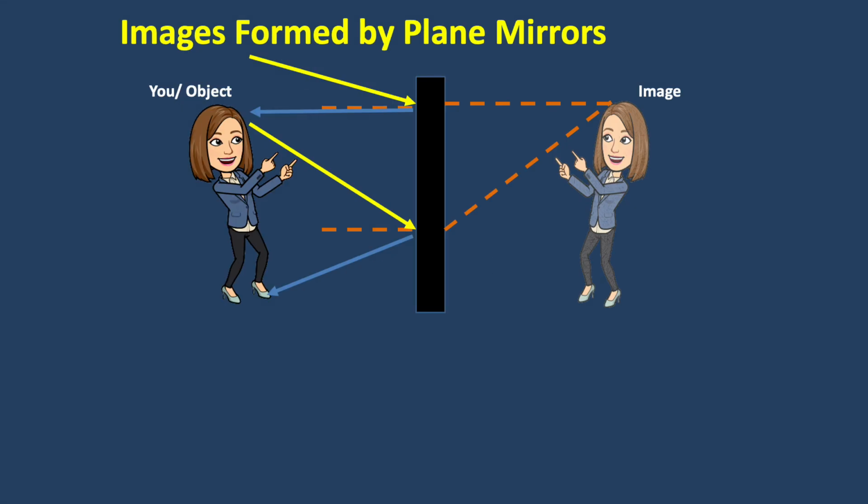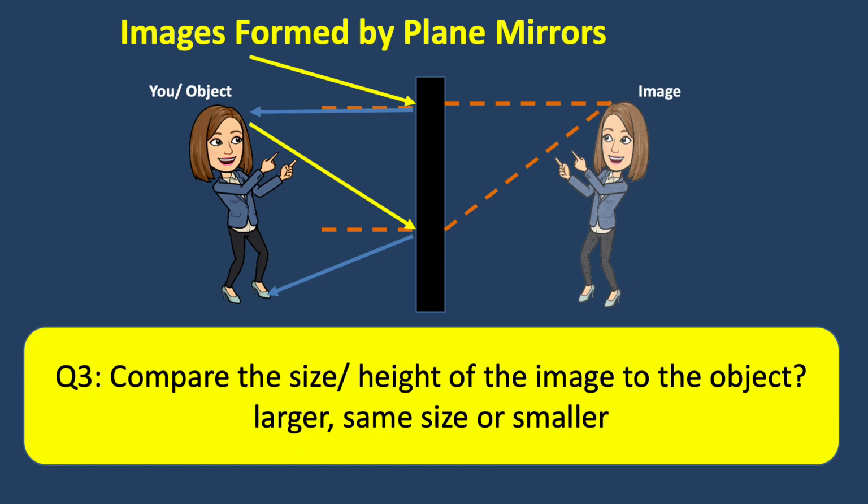Question number 3. Compare the size or height of the image to the object. Is the image larger, same size, or smaller? The size is always the same size as the object. A plane mirror never magnifies or shrinks what you see.